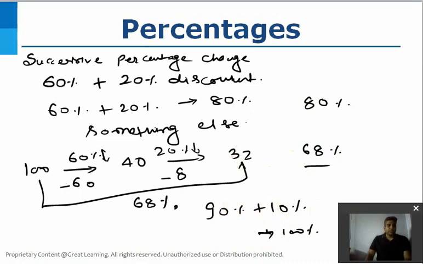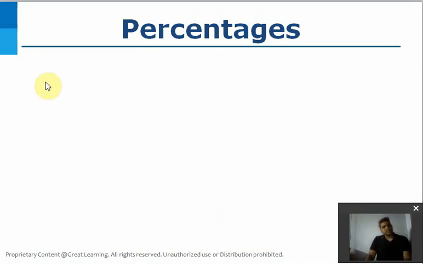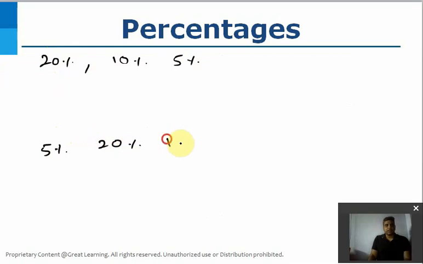Let's move to the next question. Suppose I have successive percentages of 20%, 10%, 5%, and then I have successive percentages of 5%, 20%, and then 10%. Will these be equivalent, and does changing the order of these successive changes make any difference? Let us see that.